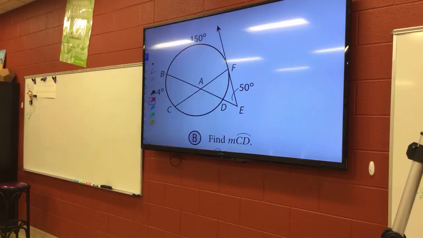So here's my angle of 50 degrees, and it's outside the circle, right? I'm going to put an X right here. So 50 is going to equal 1/2 of 150 minus X. And it's minus because it's outside.